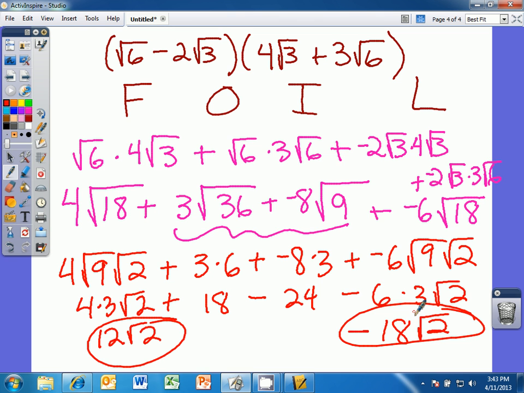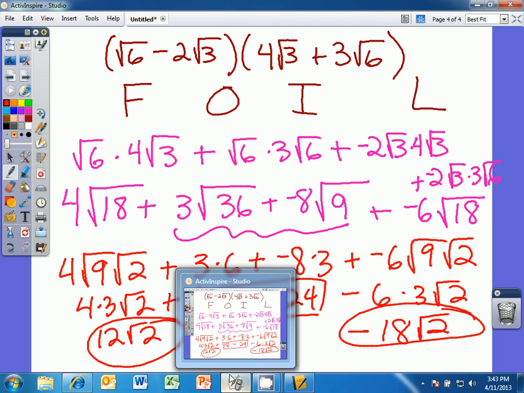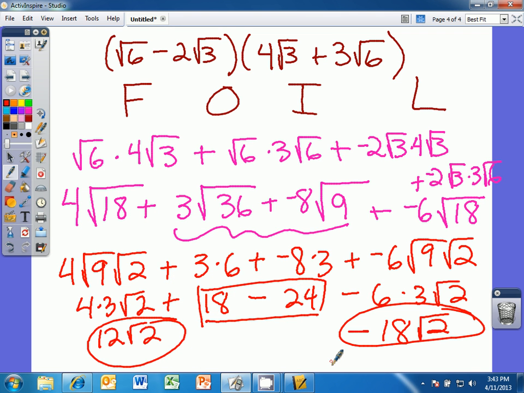Those two can get combined, and then my middle terms are both constants, so these guys will get combined. 18 minus 24 is a negative 6. 12 radical 2 minus 18 radical 2 is a negative 6 radical 2, so my final answer is negative 6 radical 2 minus 6.